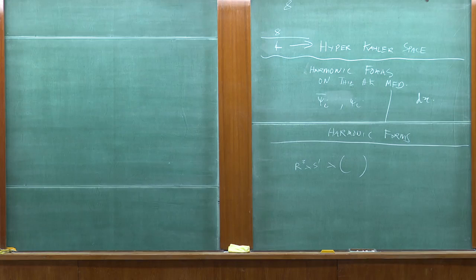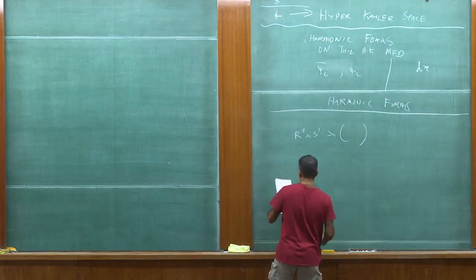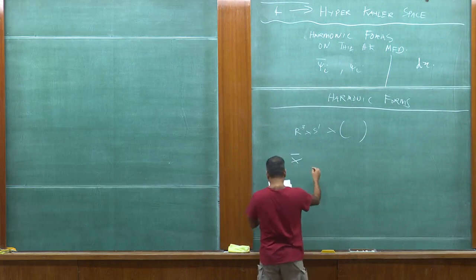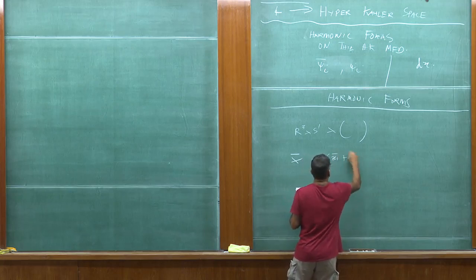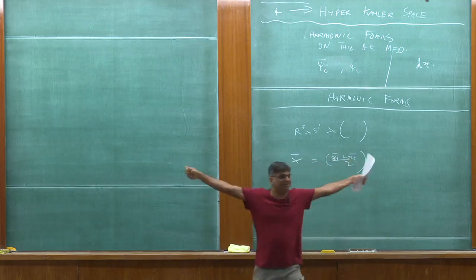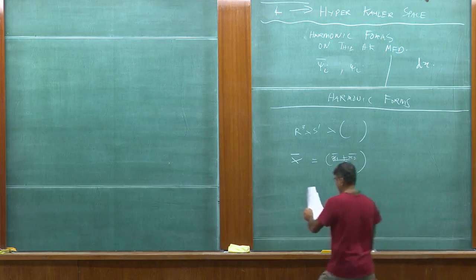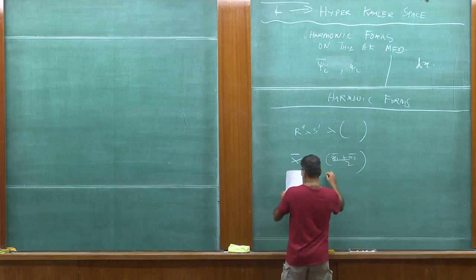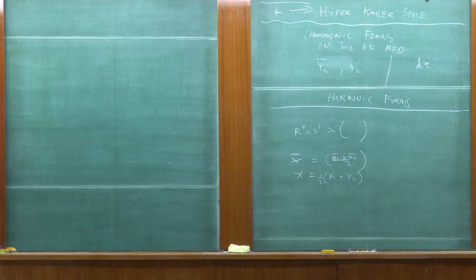So let's try to do that. Let's define capital X to be x1 plus x2 divided by 2 when the monopoles are far away. So x1 and x2 have clear meaning because these are far away from each other. And chi to be similarly half of chi1 plus chi2. Chi1 and chi2 are the positions on the two different circles of the two monopoles.